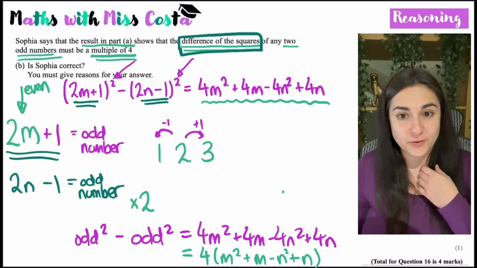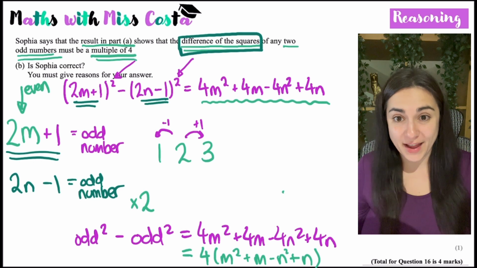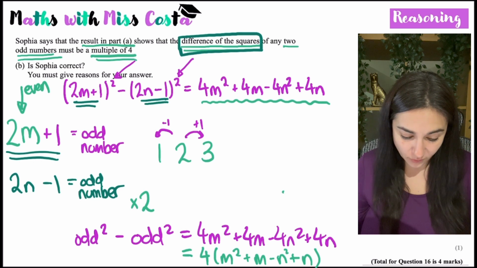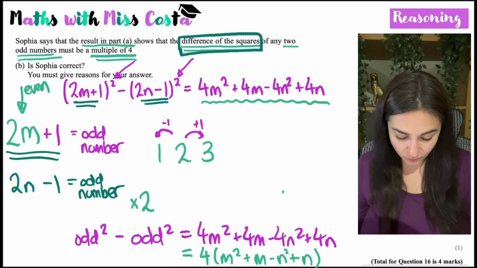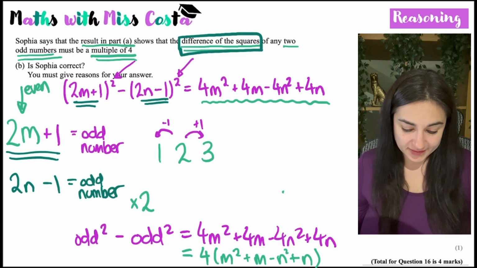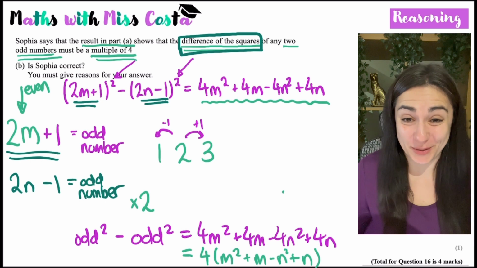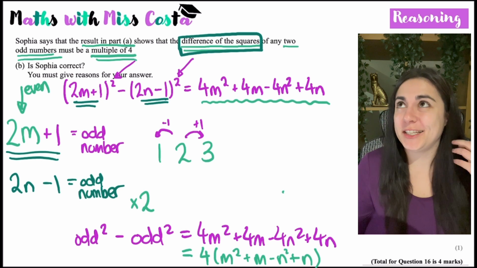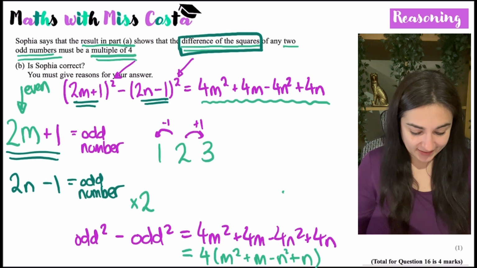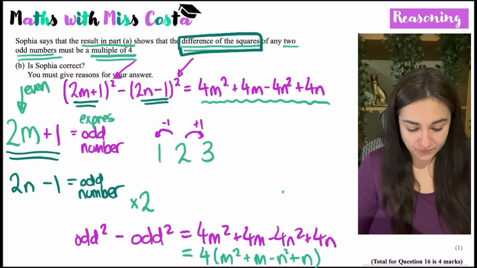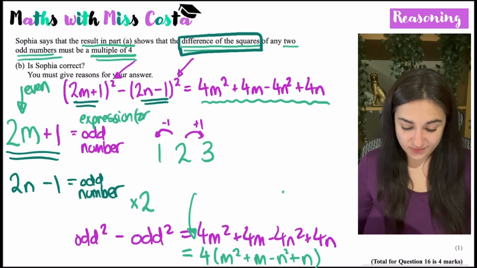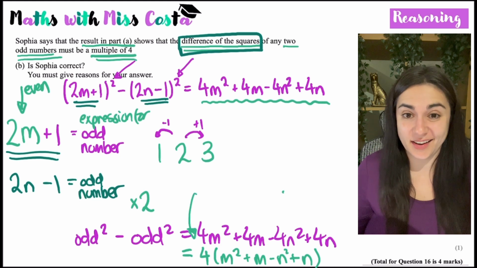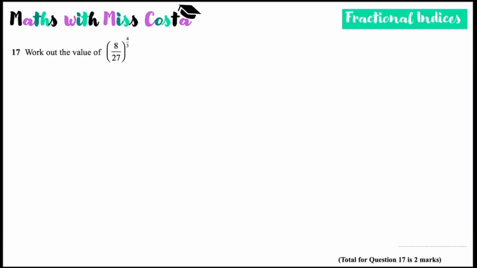And because you factorize the 4 out, you show that 4 is a factor of it. Therefore, any answer must be a multiple of 4. So you try and explain that in your own words as well as you can, but essentially just explaining that this is an expression for an odd number, and factorizing this side to show that it's a multiple of 4.